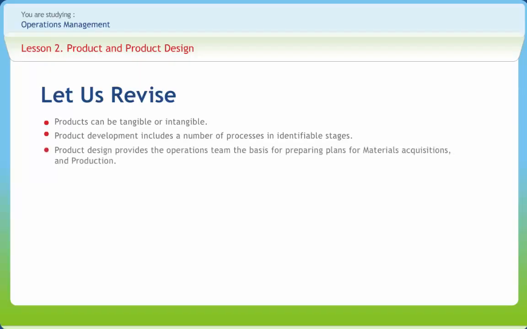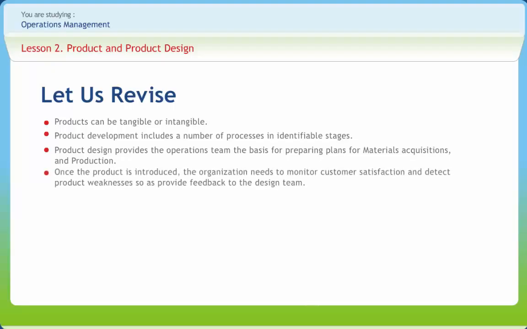Product design provides the operations team the basis for preparing plans for materials acquisition and production. Once the product is introduced, the organization needs to monitor customer satisfaction and detect product weaknesses so as to provide feedback to the design team.